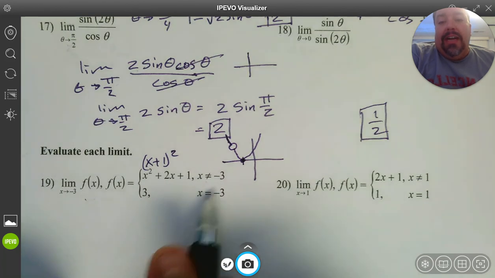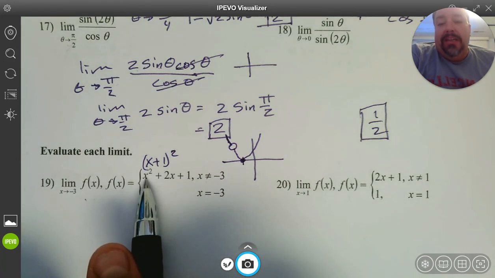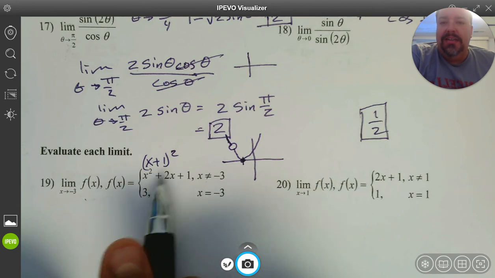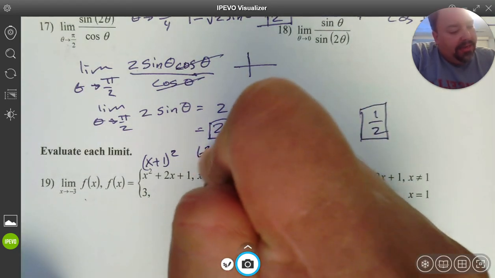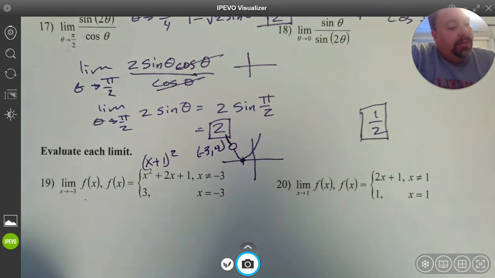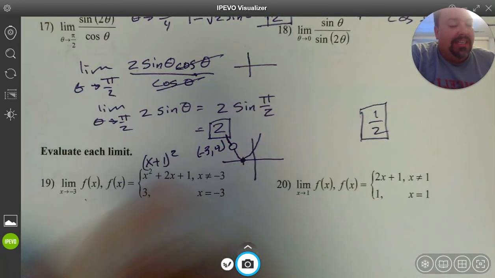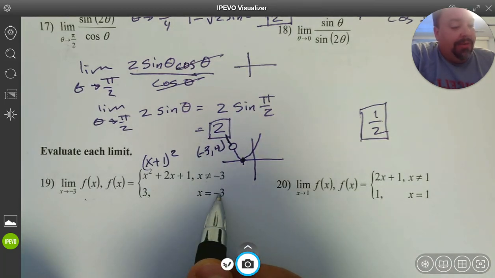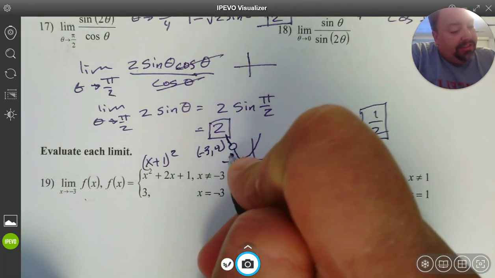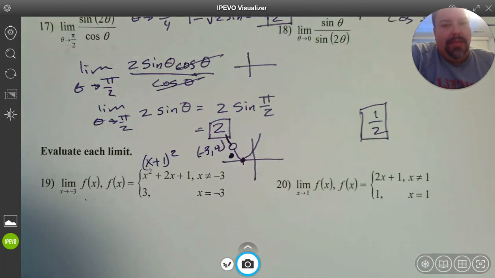If it were defined at -3, we could just simply plug it in here, or you can use your calculator. -3 squared is 9 minus 6 plus 1 would be the point -3, 4. So that point is an open circle. It's been taken out, it's been removed. And at that x value at -3, the function is defined down here, at -3, 3.